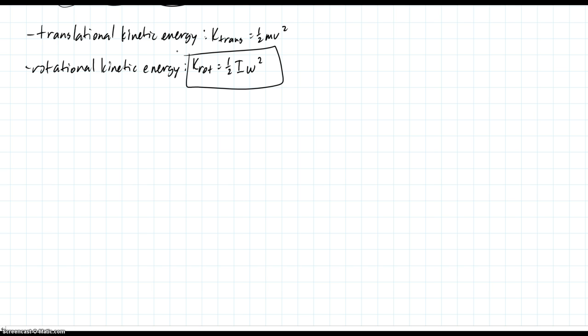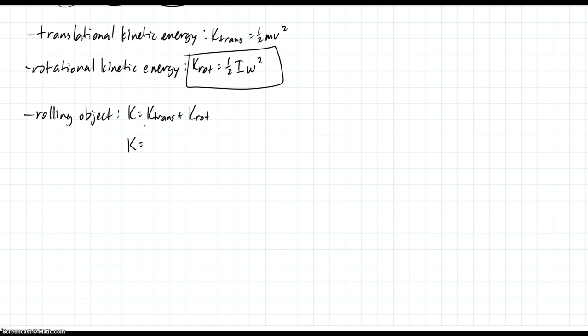If we have an object that is both translating and rotating, so for an example, an object that is rolling, that object is going to have both translational and rotational kinetic energy, because the object is both moving through space as a whole and rotating about an axis.